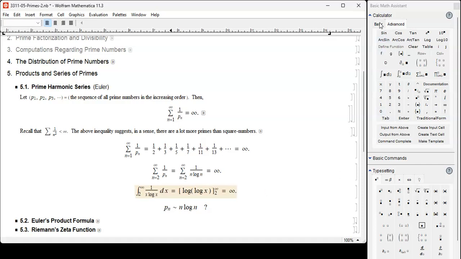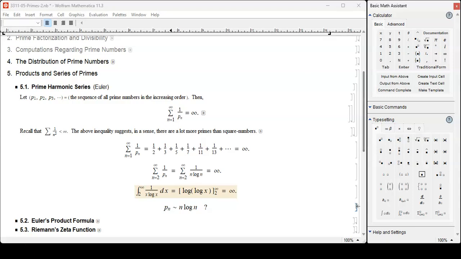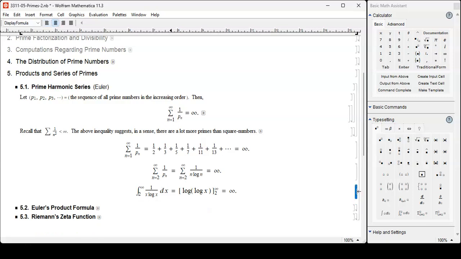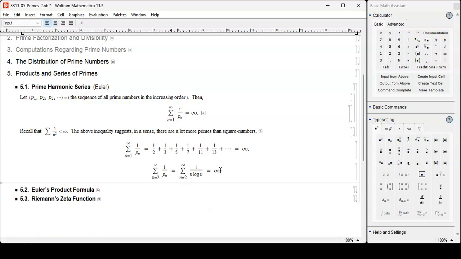Yeah, I think this is the correct antiderivative. Please check. You can use integration by substitution to prove it. So if we know the prime number theorem by Hadamard and de la Vallée Poussin, then you can use this to prove it.